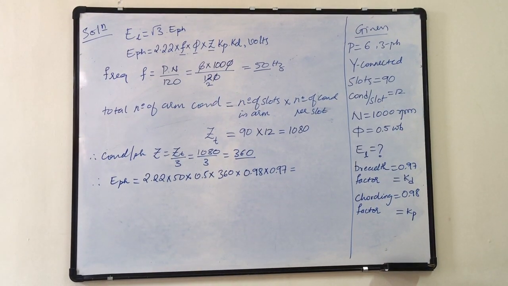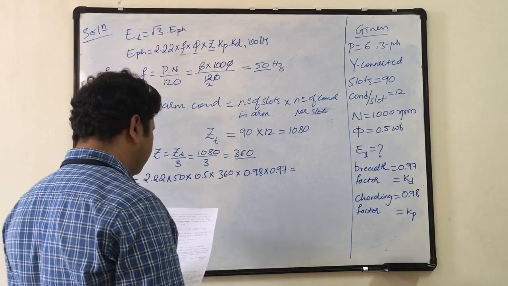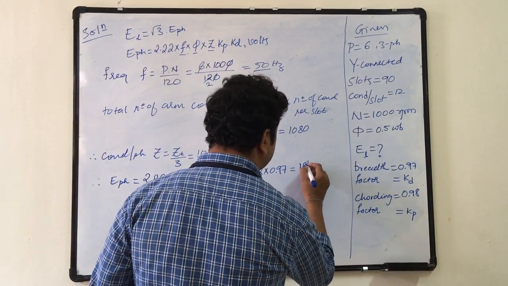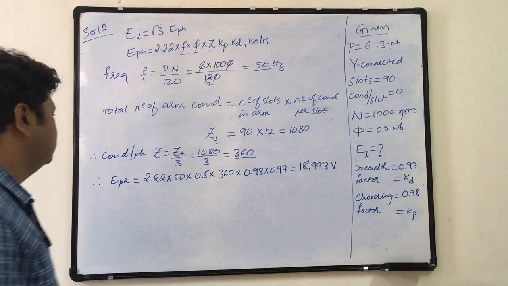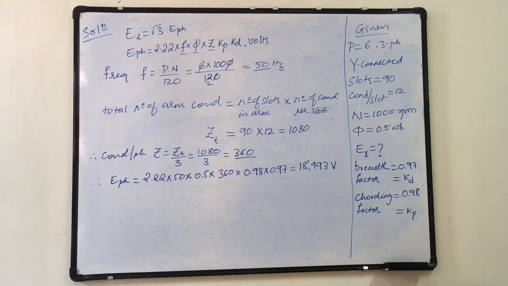So with these given quantities and calculated quantities, I get Eph is equals to 18,993 volts.